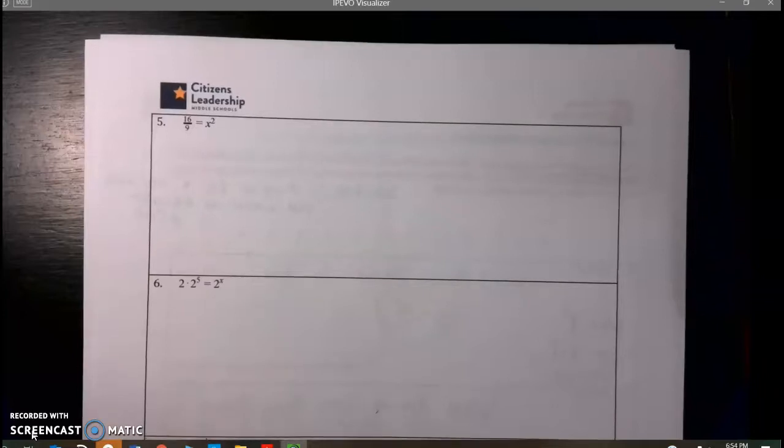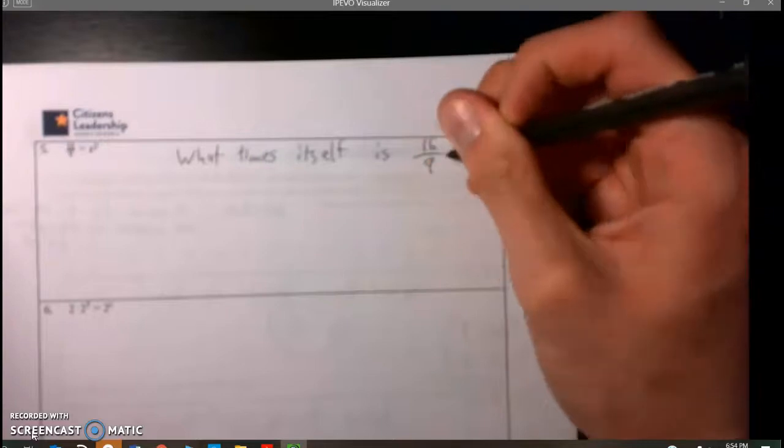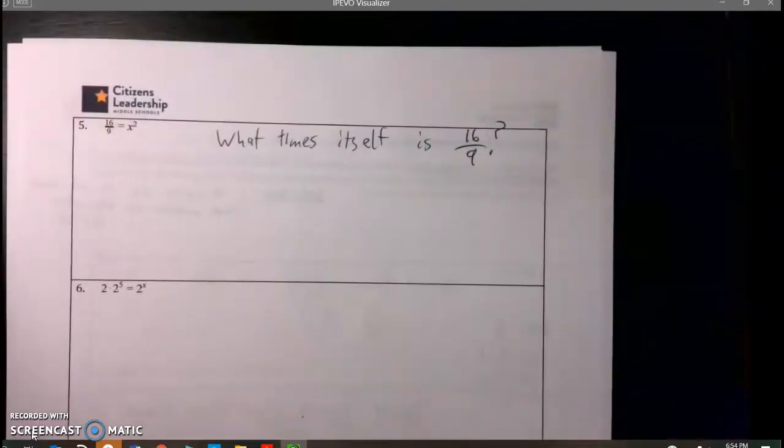So now we're beginning to work with a little bit more fractions and things of that nature. So 16 over 9 is equivalent to what times itself? So what times itself is 16 over 9. So I know that seems really stressful. You know, fractions, exponents, variables.